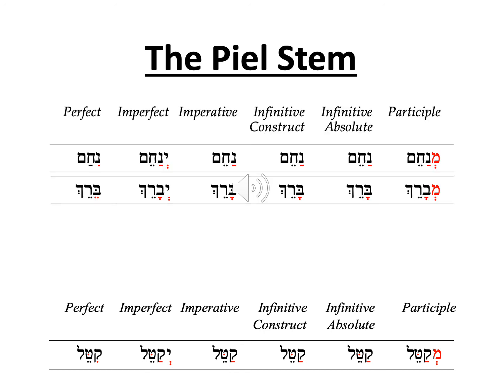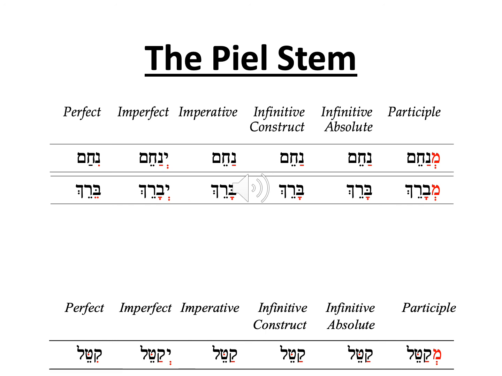Occasionally, we find a word that has a guttural as the second root letter. This creates a problem because gutturals do not take dagesh forte, and the Piel requires that we place a dagesh forte in the second root letter. What are we supposed to do? Well, one of two things will happen.